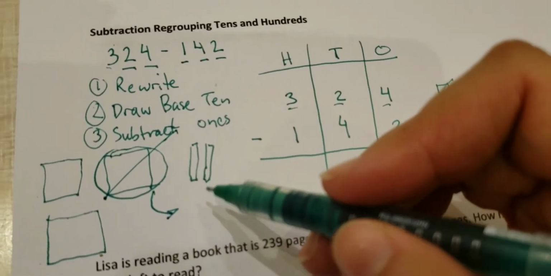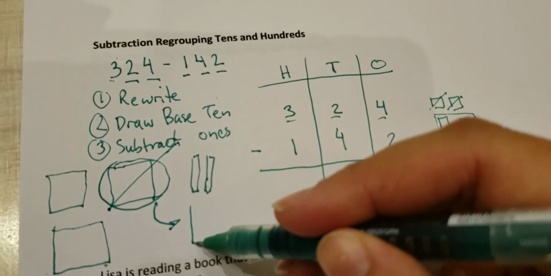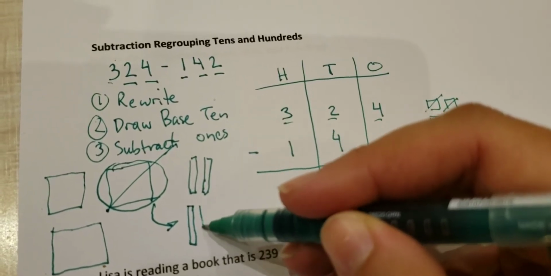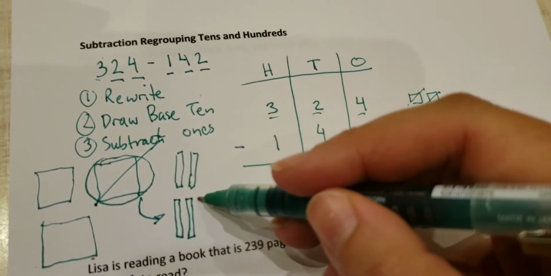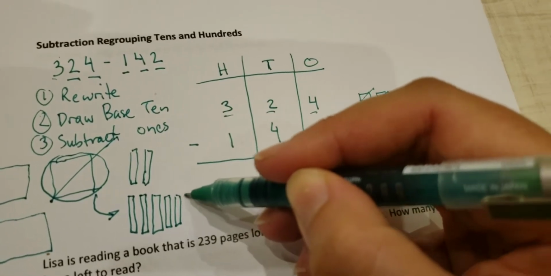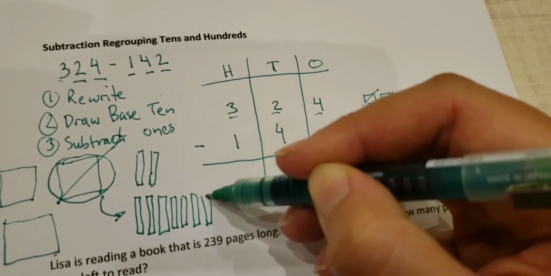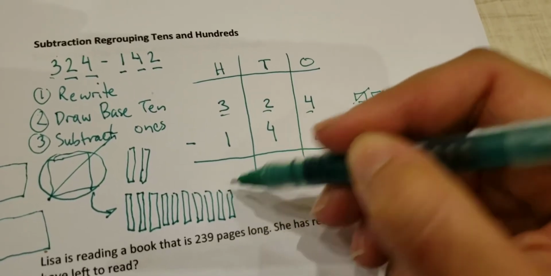We're going to explode it now into 10 tens. So whenever we regroup, we always add 10. There are 10 tens in one 100. So 1, 2, 3, 4, 5, 6, 7, 8, 9, and 10.